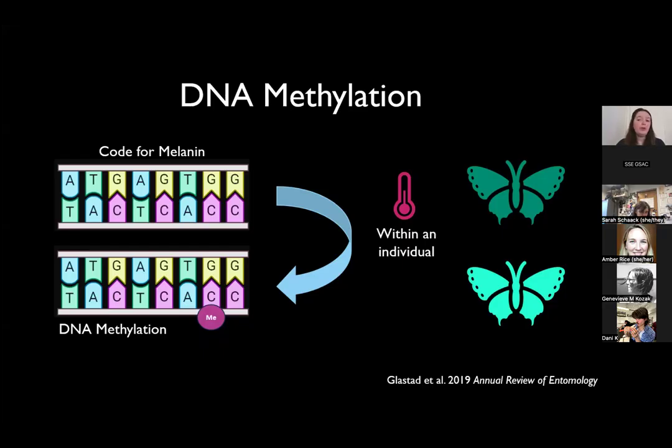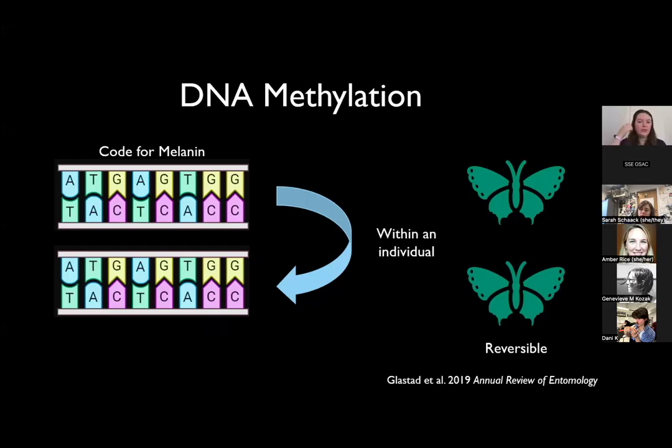But what's really cool, and why I've chosen to really think about DNA methylation for my dissertation, is that if we take away that heat, that individual is actually able to go through and undo the changes that it once did. So it removed that methyl group. And what that does is that it allows for a reversal.